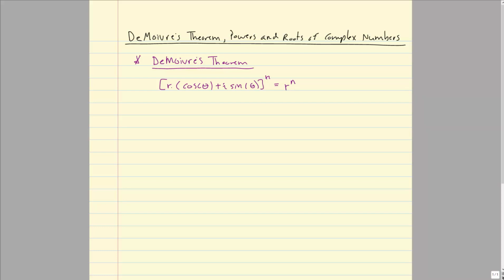So I'm taking this n and distributing it to the r times the cosine of n theta plus i sine of n theta. So that's DeMoivre's theorem, and it's kind of hard to understand until we look at some examples, so I think that's the first thing that I would like to do.